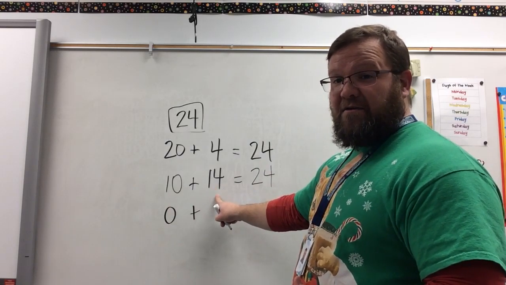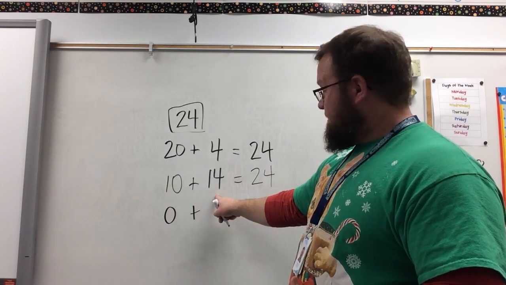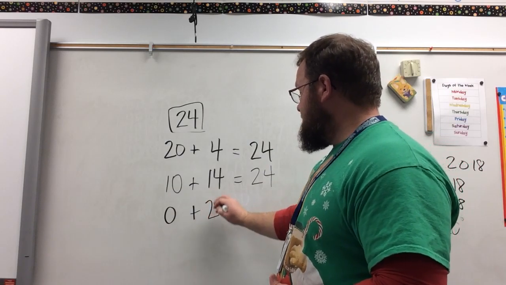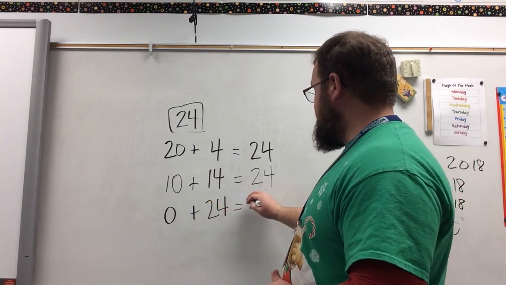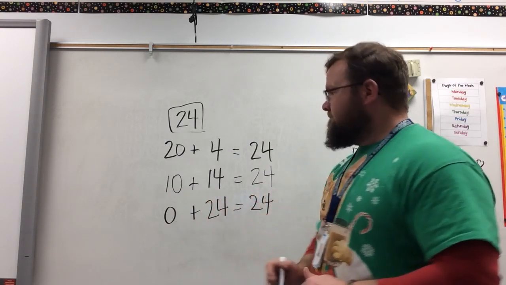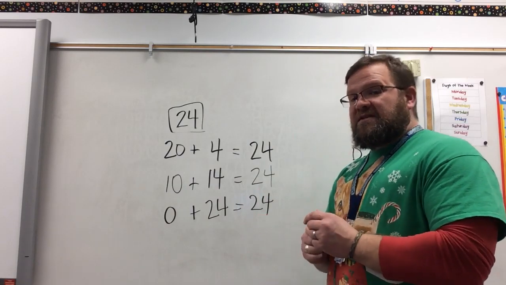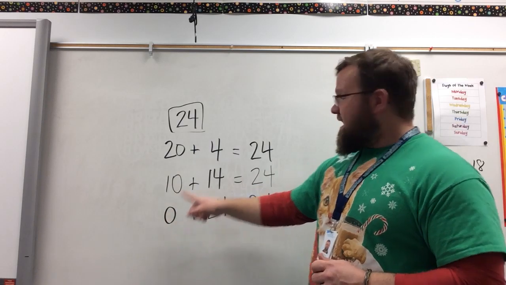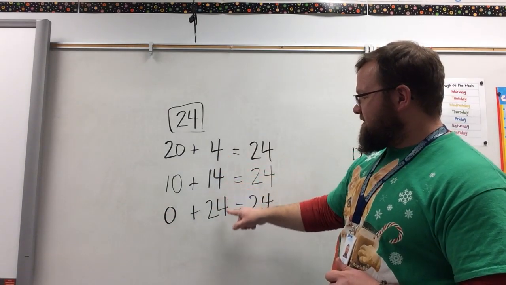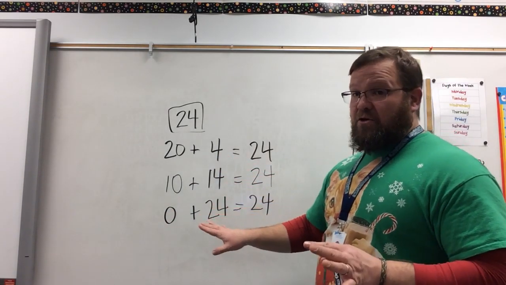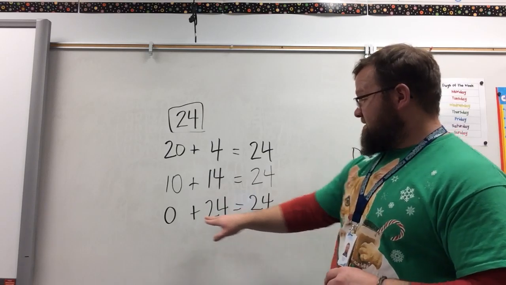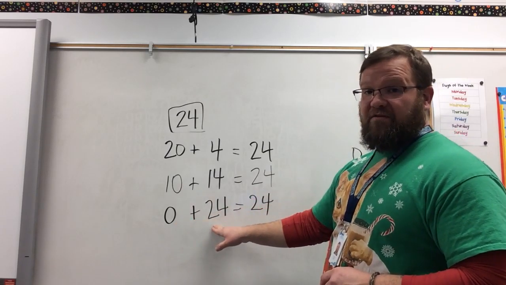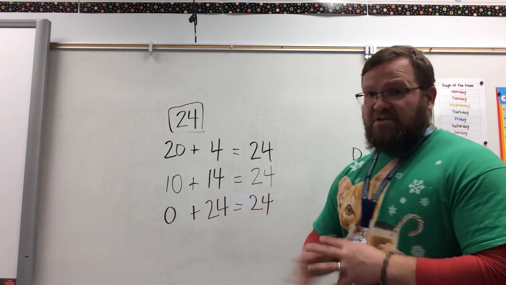So then I have 24. So each time you can see that I'm taking a 10 away on this side, and each time I'm adding a 10 on this side, so that I still have 24. It is the same as 0 plus 24. Right? Does all that make sense?